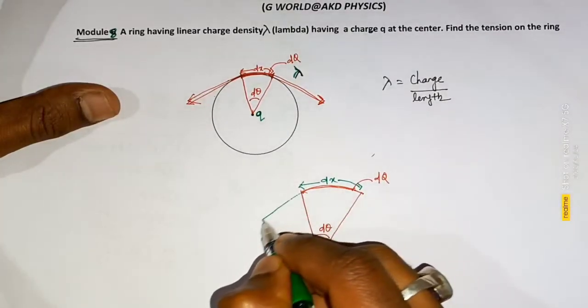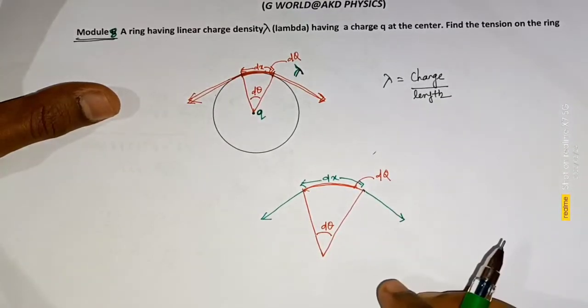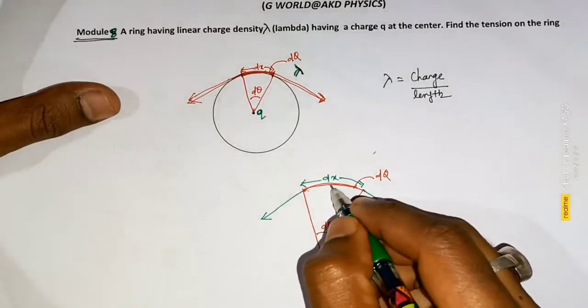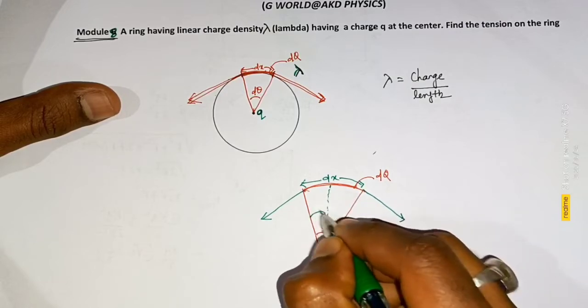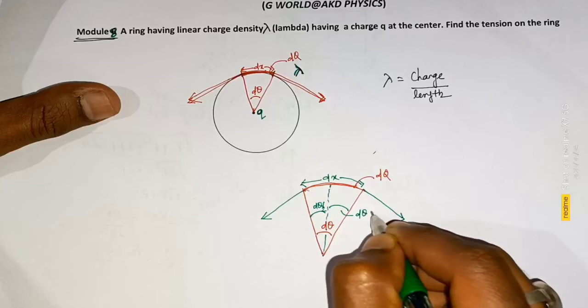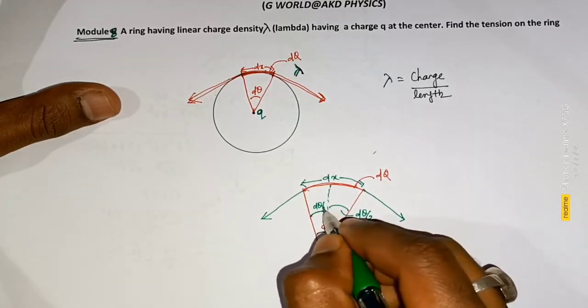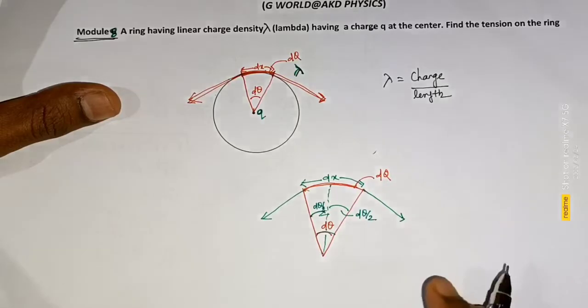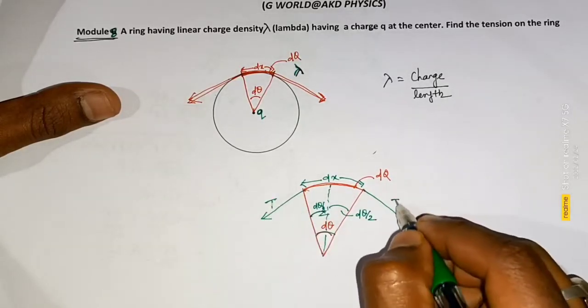And here the tension is like this, and here the tension is like this. Making a small division here, can I say this angle is d theta by 2 and this angle is d theta by 2? The total is d theta, equally divided. This is tension, this is also tension.